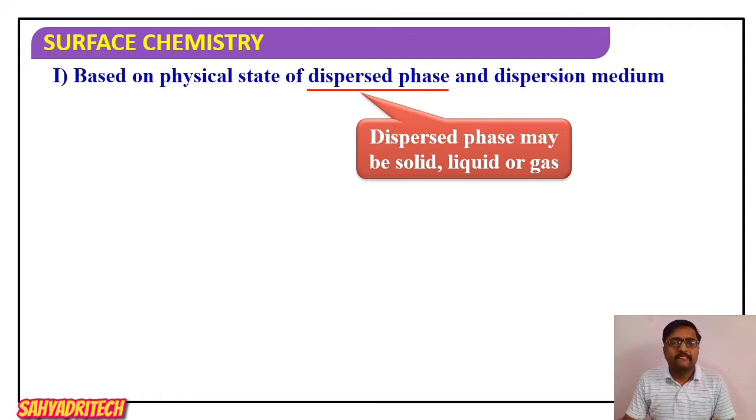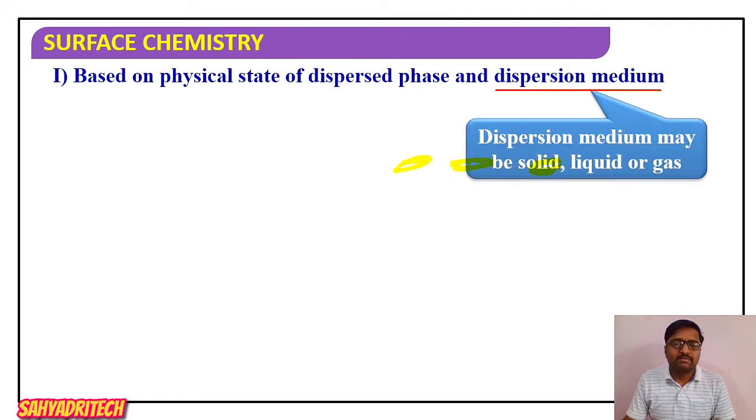Similarly, the dispersion medium may also be a solid, a liquid or a gas. So we have possibilities. Dispersed phase may be present in solid, liquid or gaseous state, and similarly the dispersion medium.